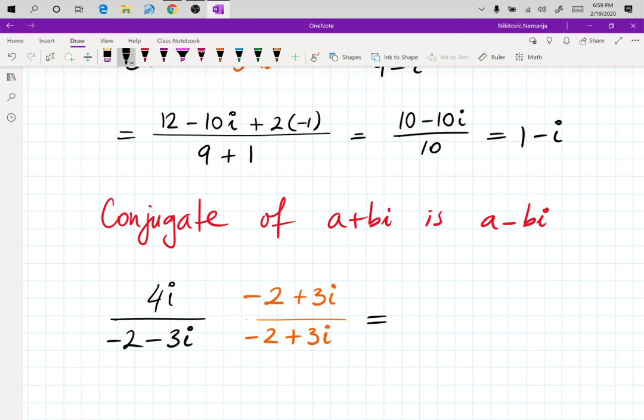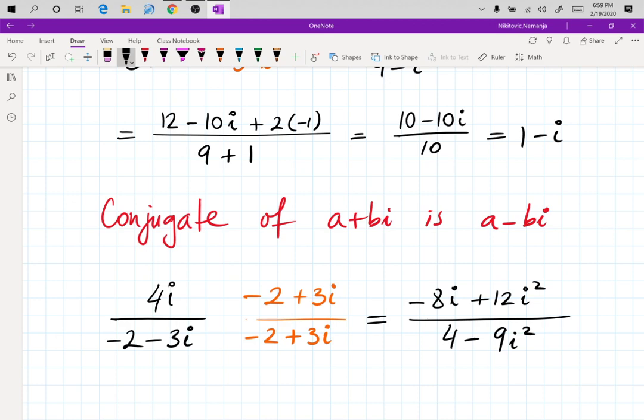Negative 8i plus 12i squared, divided by 4 minus 9i squared, because I know the formula.